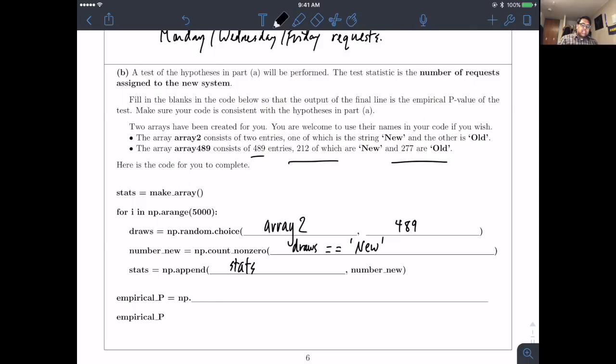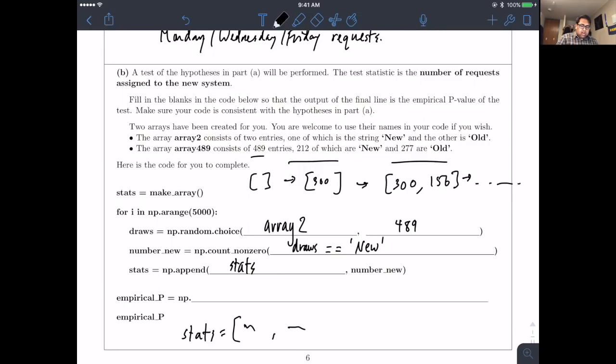So in our first iteration, stats will go from an empty list to some number, let's say 300. And then our second iteration it'll add on the second value of number new that we randomly generate. So pretend that's 156. And it'll do this 5,000 times, right? So now what we have is at the end we'll have a list that is 5,000 elements long called stats, and it'll have number, and so on, right?